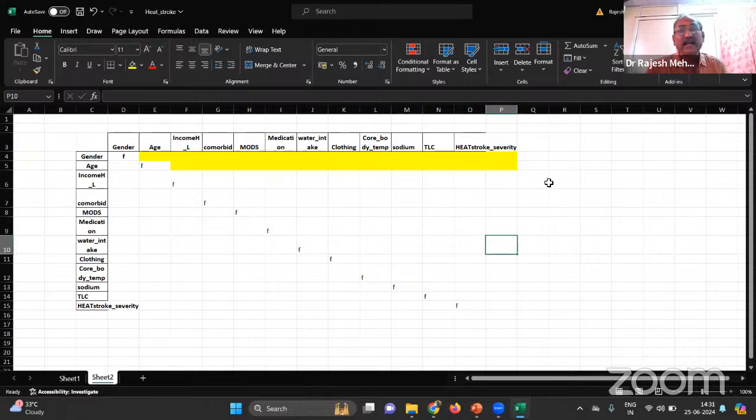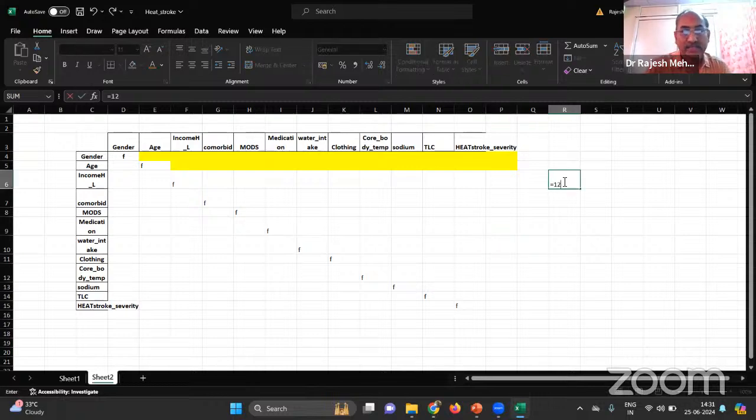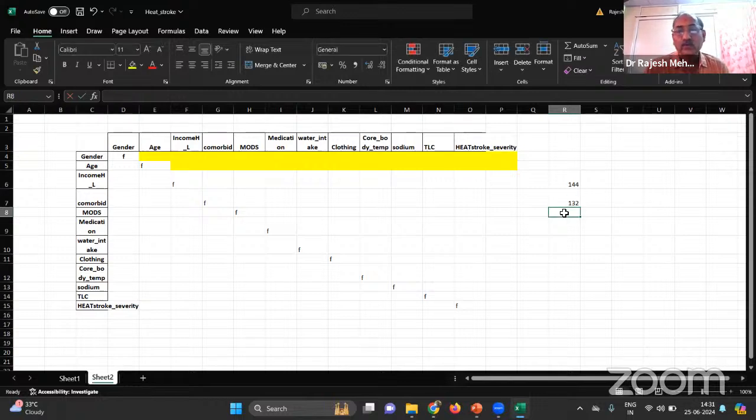And that's why, when you have n number of variables, the answer, in this case, is 12 into 12, that is 144, and the 144 minus 12, because 12 will be the frequency. So now this comes to 132.